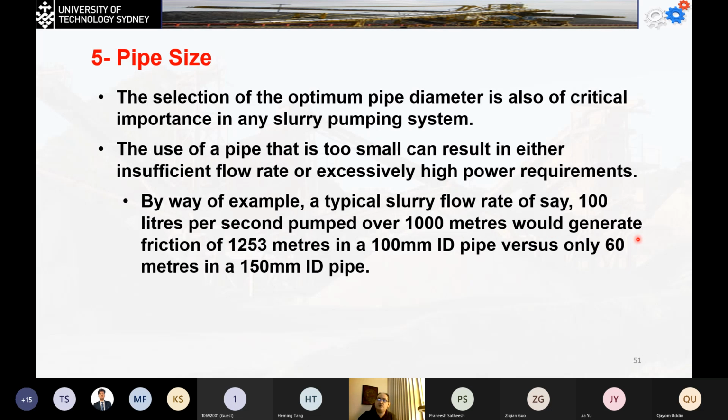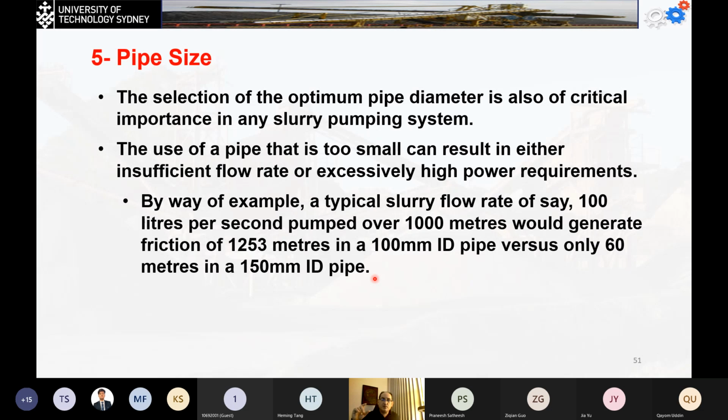By way of example, a typical slurry flow rate of say 100 liters per second pumped over 1,000 meters will generate a friction head of 1,253 meters in a 100 millimeter internal diameter pipe, versus only 60 meters in a 150 millimeter internal diameter pipe. So just imagine, I'm only increasing the diameter by 2 inches, taking it from 4 inches, or 100 millimeter, to 6 inches.